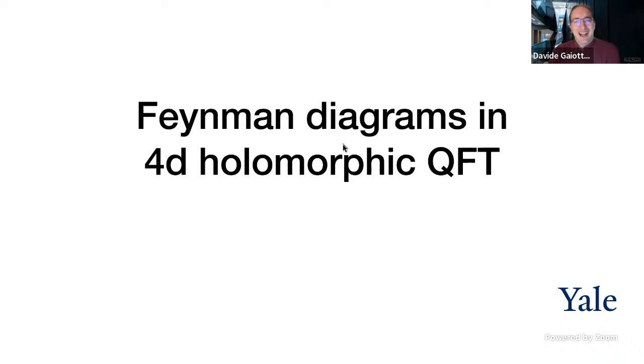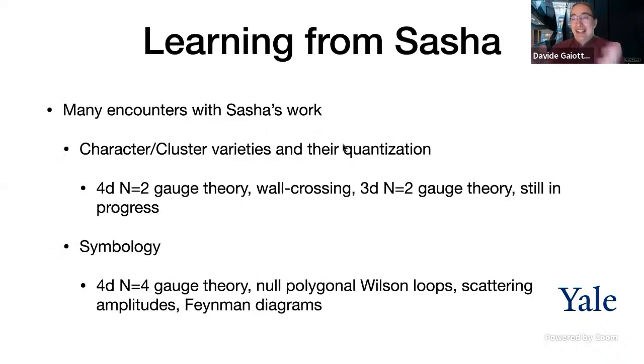And I also want to thank Sasha for the many things I've been learning from him over the last 15 years at least, from him or from his papers. I've encountered Sasha's work many times and in surprisingly different circumstances in the study of gauge theories, supersymmetric quantum field theories.